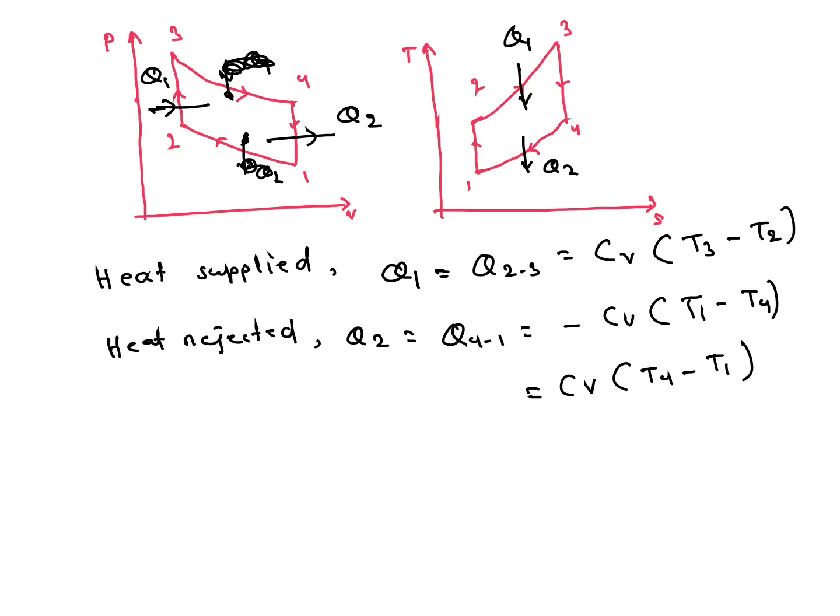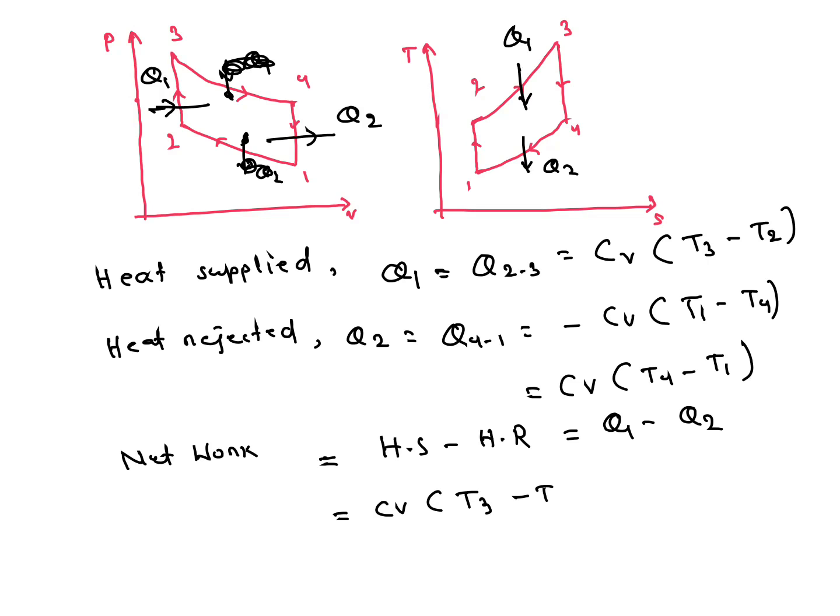So net work done, same like the Carnot cycle, it's heat supplied minus heat rejection, or Q1 minus Q2. Cv (T3 minus T2) minus Cv (T4 minus T1).